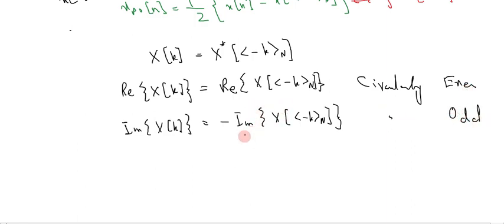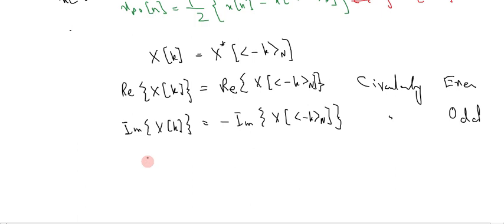This is the definition. So if you have a signal x of n which is real, then its discrete Fourier transform is circularly conjugate symmetric, whereas the real part of x of k is circularly even and the imaginary part of the discrete Fourier transform is circularly odd.